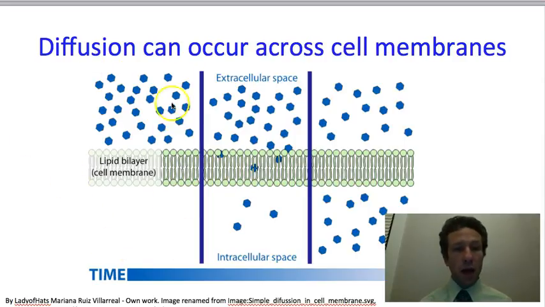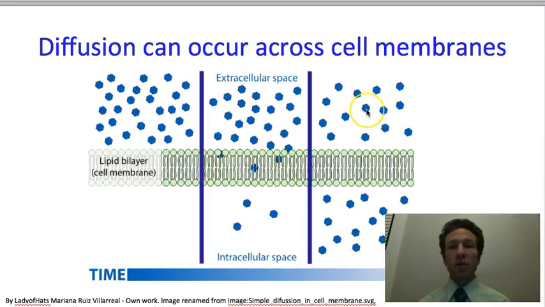Initially, at time 0, we have a whole bunch of some substance outside of the cell and none of that substance inside the cell. However, over time, we see what happens. At first, a few of those molecules get through, and then, given enough time, we're going to have a similar concentration of this molecule inside the cell as we do outside of the cell.